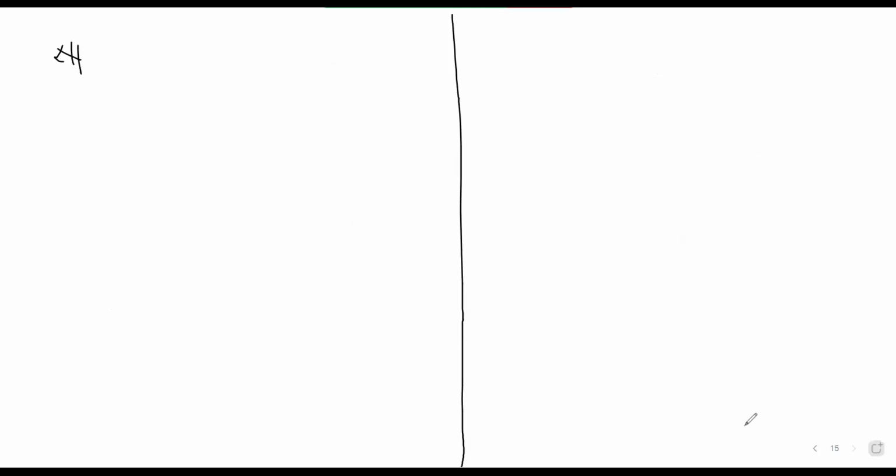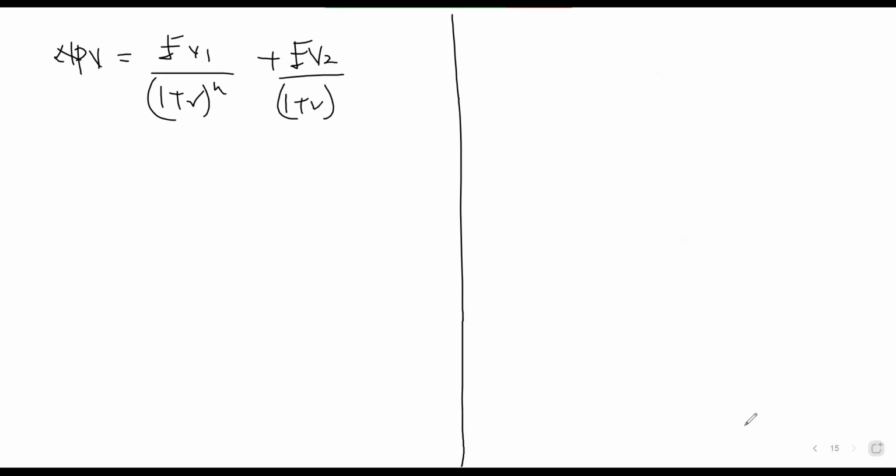The net present value will be calculated as future value 1 over 1 plus r exponent n, plus future value 2 over 1 plus r exponent, so if this is 1, then this will be n plus 1, anyhow you want to do it.